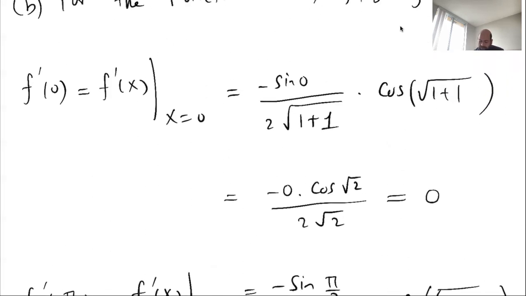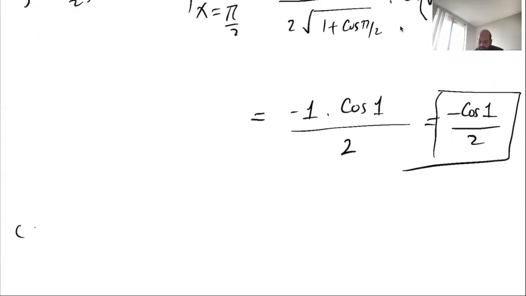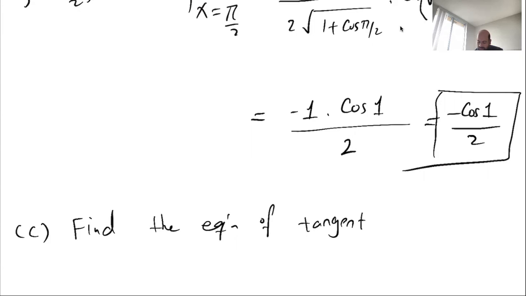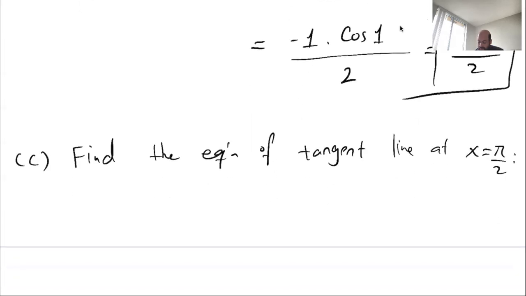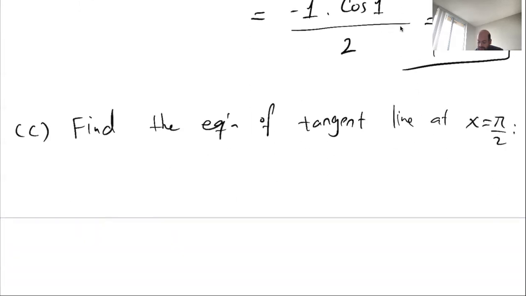So I can add part C, for example, that let's say if you want to find the equation of tangent line at x equals pi half. What is the equation of tangent line at x equals pi half?